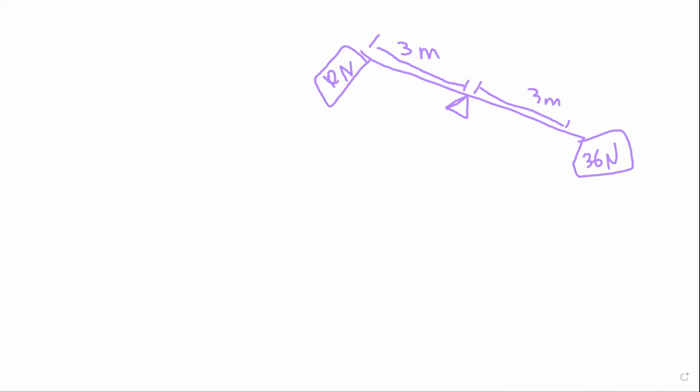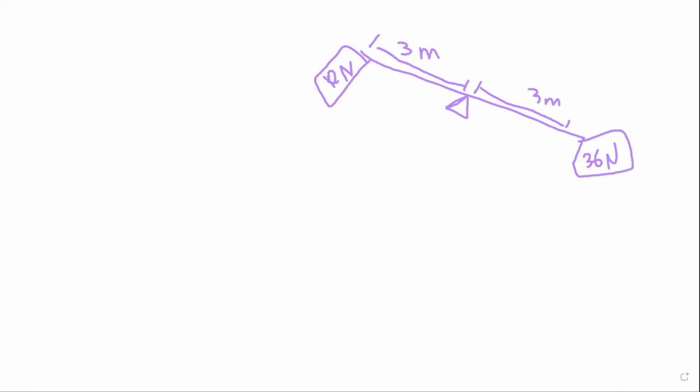I want to make them balanced. To make them balanced, I want to change the distance of the two children from the pivot point.